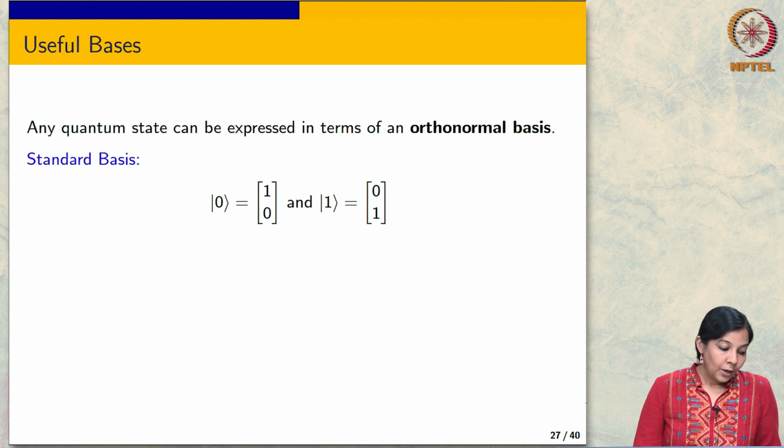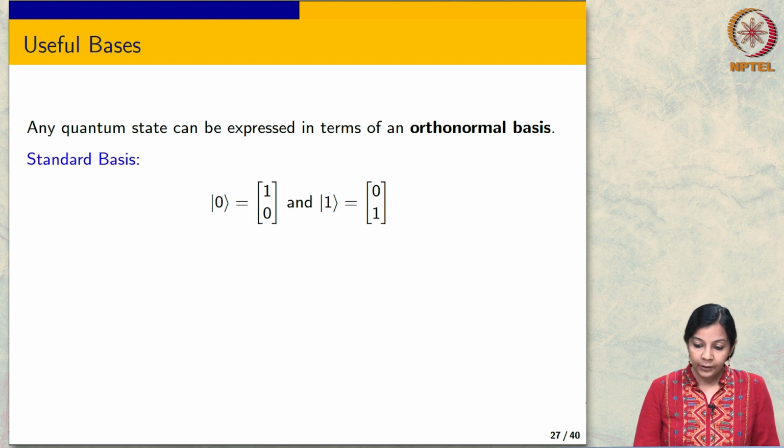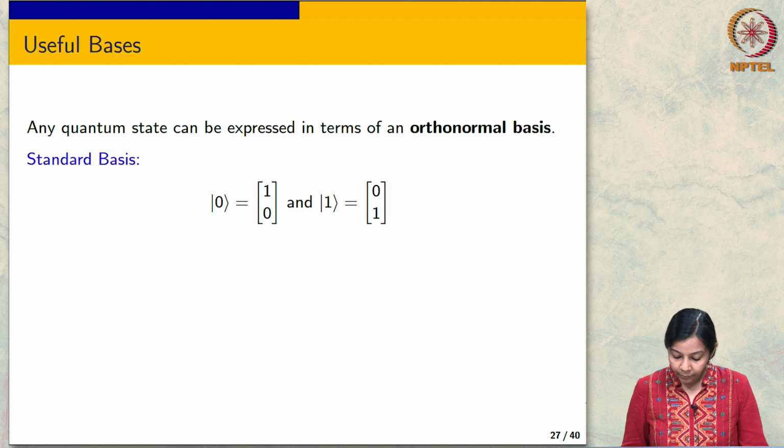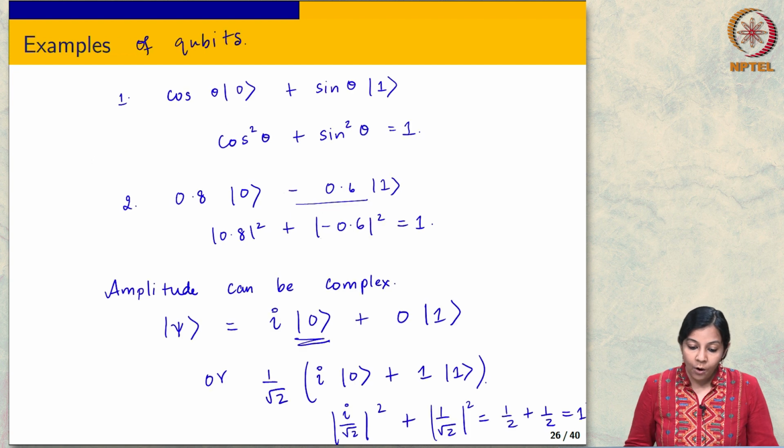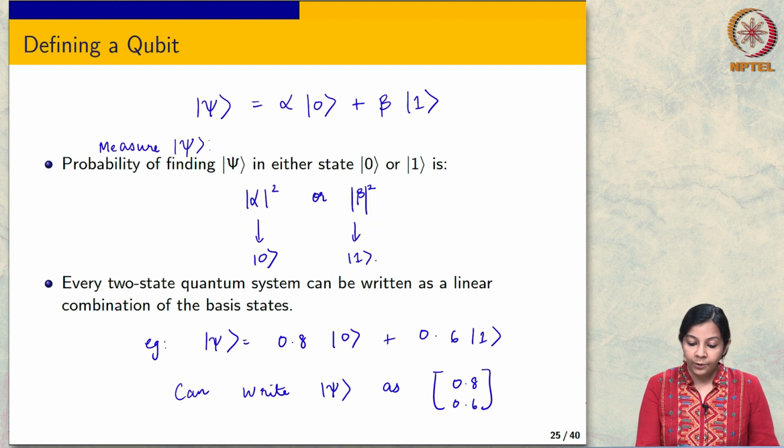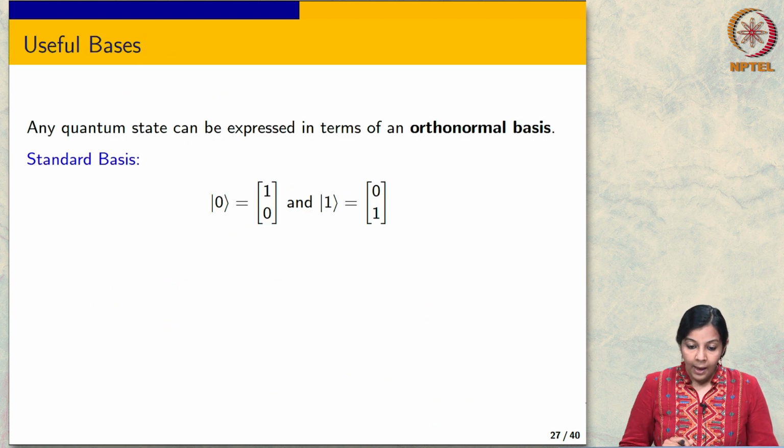Alright, good. So now that we've established a little bit of notation, we already saw previously that any two-state quantum system can be written as a linear combination of the basis states, and the basis that we have been using so far is the so-called standard basis, |0> and |1>.